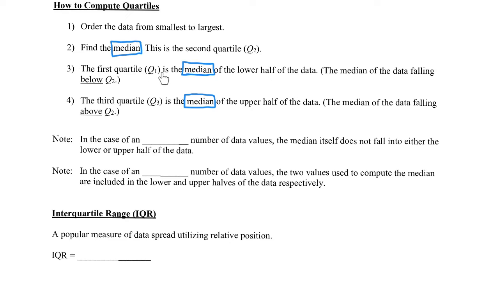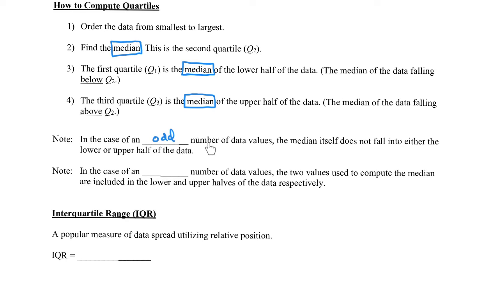So the first quartile is the median of the lower half of the data. The third quartile is the median of the upper half of the data. The note here says, in the case of an odd number of data values, the median itself does not fall into either the lower or upper half of the data. This is another one of those things that if I had never told you, you would probably do anyway because it seems like the thing to do.